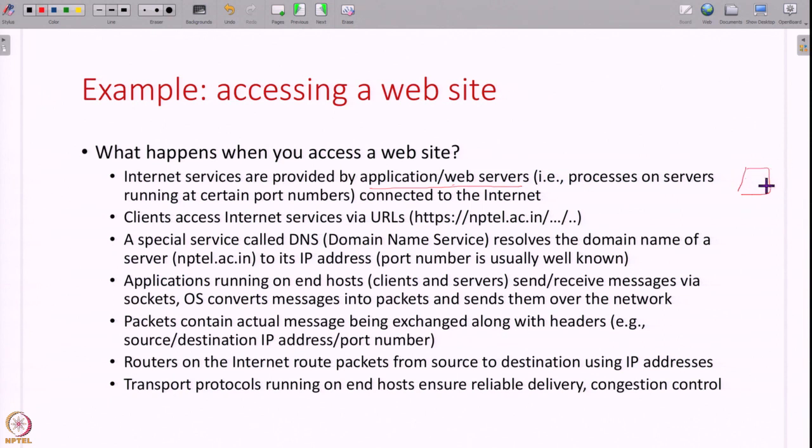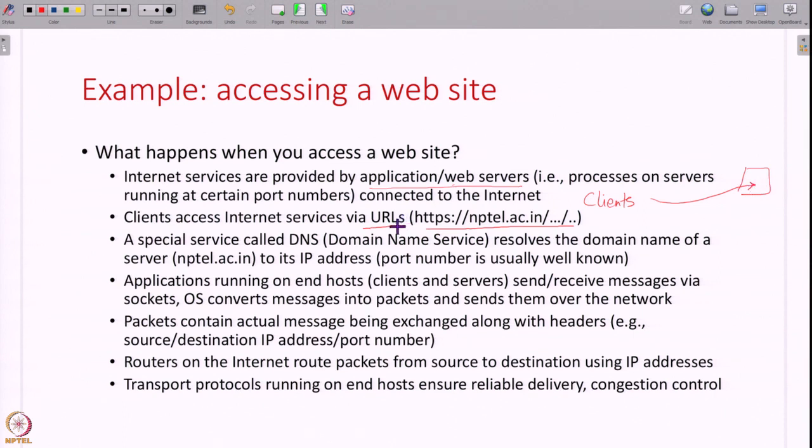So, these servers have all the information, and clients, the users of the computer system, access these servers over the internet using a URL. For example, if you want to access courses on NPTEL, you will type this address in the address bar of your browser. This is called the URL. You will put that in and the client will reach the content at the server.